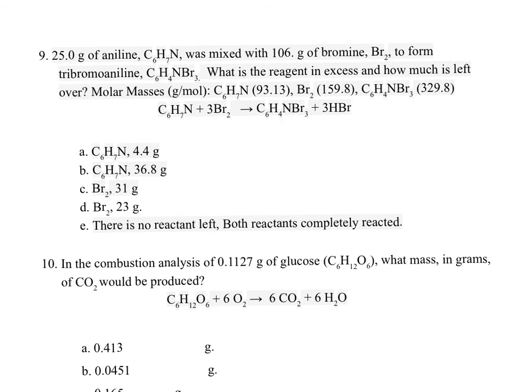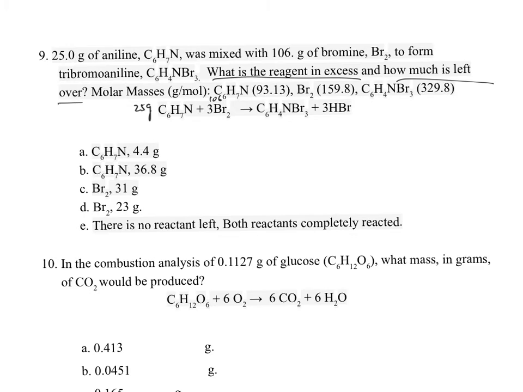You have 25 grams of aniline, so 25 grams of this guy, and you have 106 grams of bromine. And you want to know which reagent is in excess and how much of it is left over.